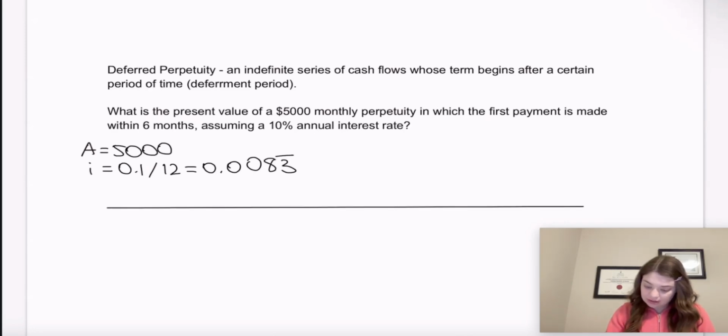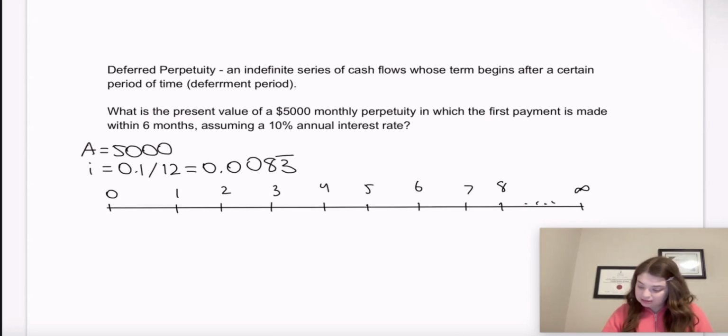We're at month 0, then we have month 1, month 2, month 3, month 4, month 5, month 6, month 7, month 8, and we're just going to keep going until month infinity. Infinitely, we're making $5,000 each month, starting on month 6, because 6 months is our deferment period.